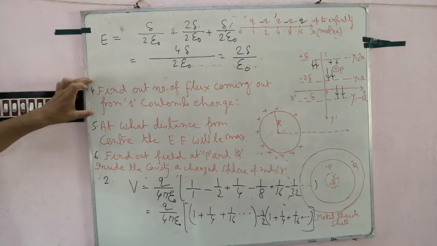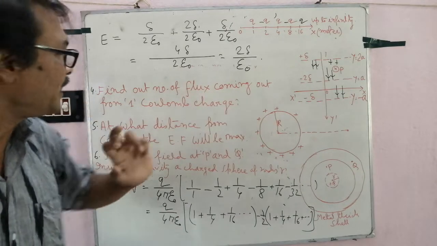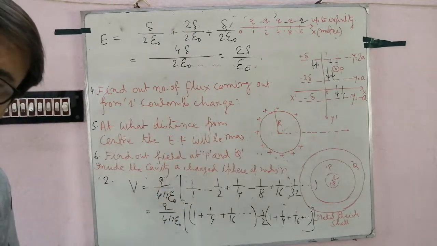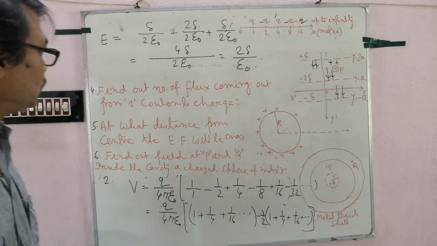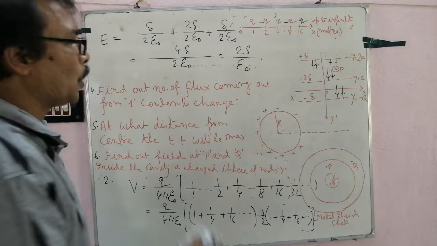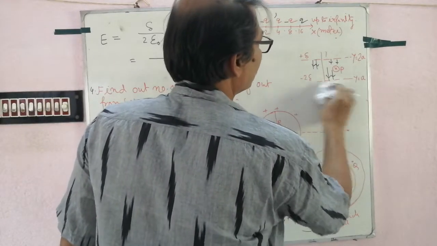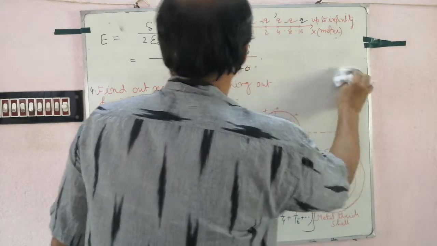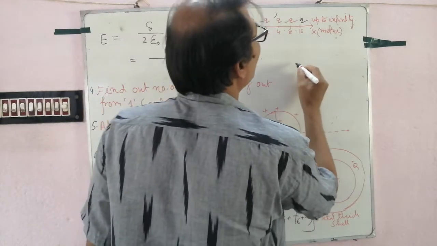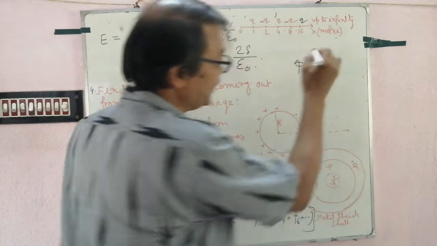My next problem: find out the number of flux lines coming out from 1 coulomb charge. Here we can apply Gauss's theorem. From Gauss's theorem we know total flux phi equals Q by epsilon naught. Clear?